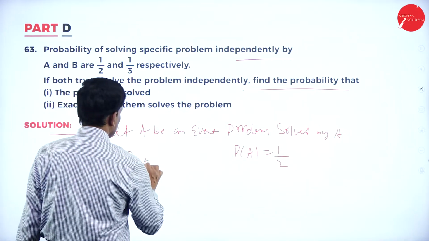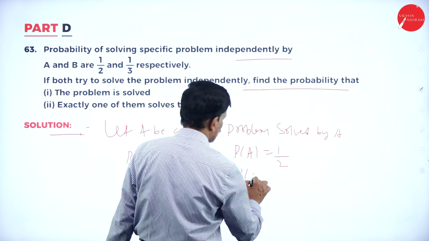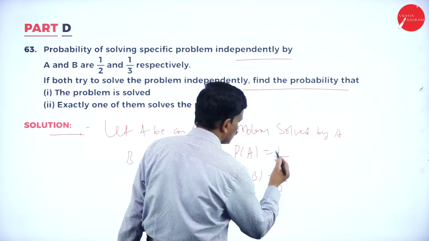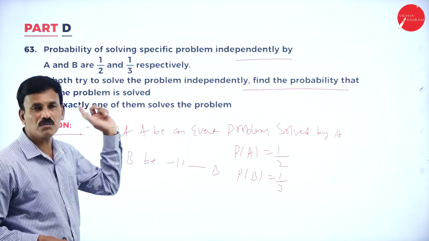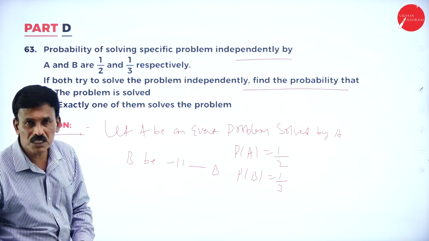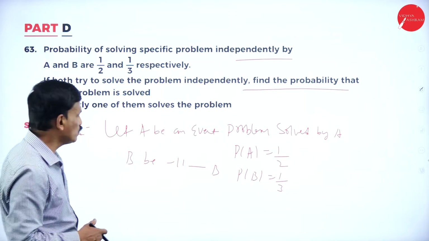Similarly, let B be an event that the problem is solved by B. That is given by probability of B equal to 1 by 3. These are the conditions given.